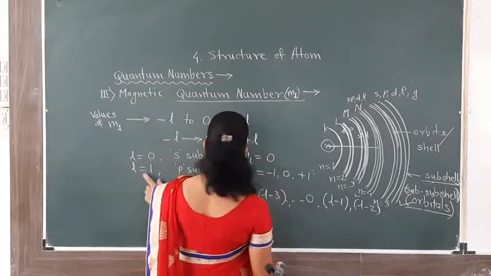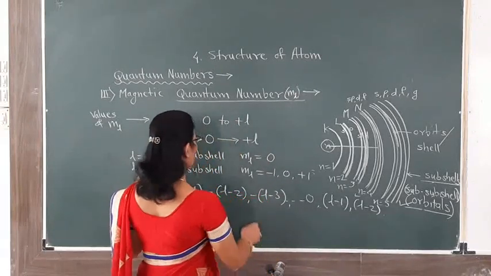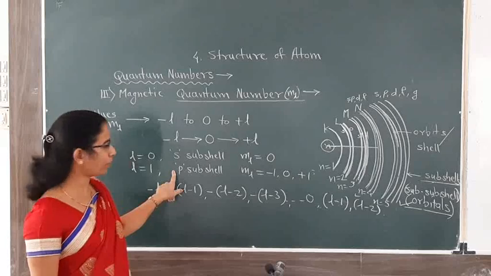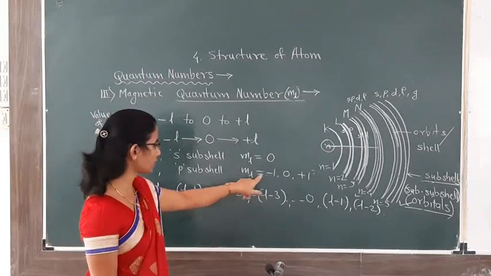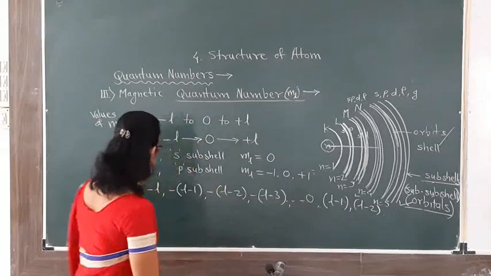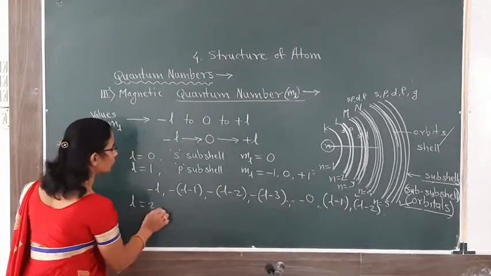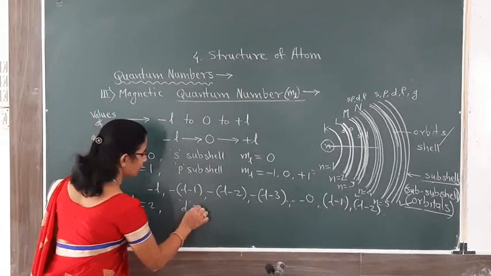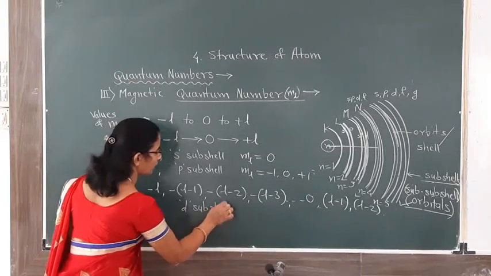Okay, so the values for the p subshell are given as -1, 0 and +1.